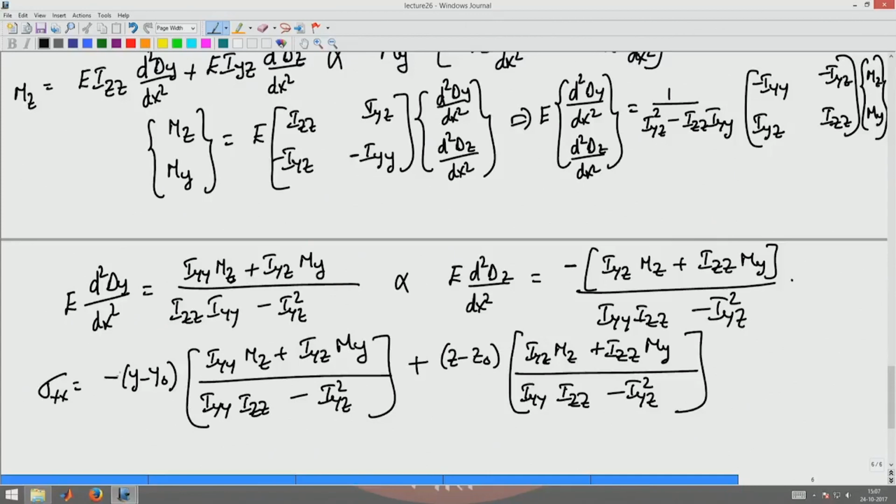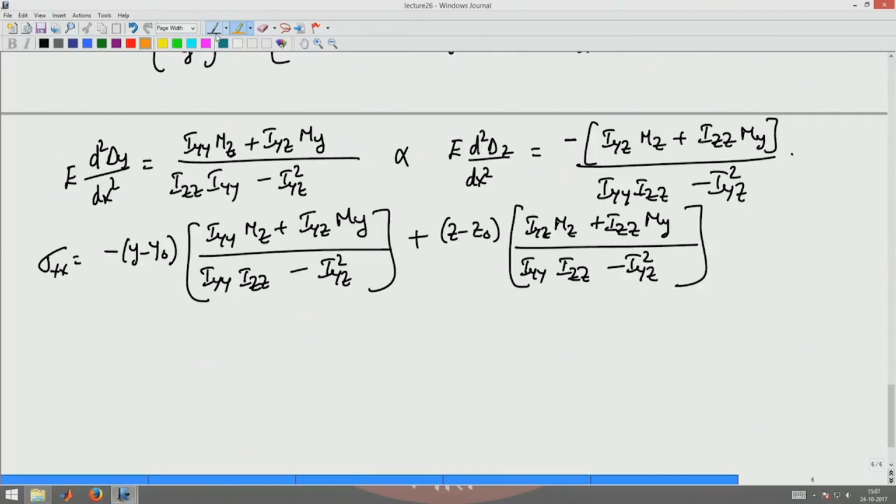Here the negative sign comes because it is minus y minus y naught into E times d square delta y by dx square. So, that negative sign comes here. Here it is minus E times z minus z naught into d square delta z by dx square, and hence this negative sign does not propagate into here. So, that is the expression for stress.